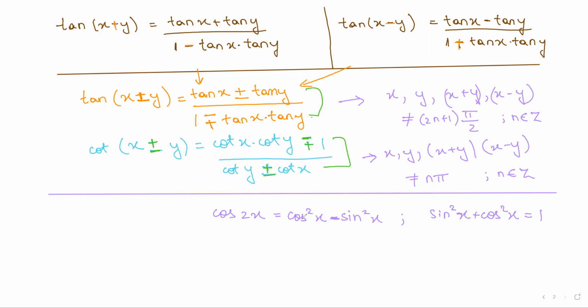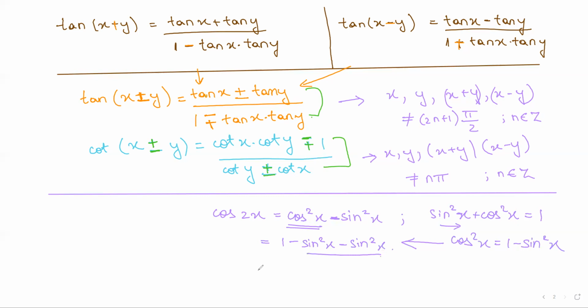Cos x would be single angle and cos 2x would be double angle. If you take sin square x to the right hand side, your cos square x becomes equal to 1 minus sin square x. Now, if you place this value of cos square x over here, your formula gets converted into 1 minus sin square x minus sin square x.